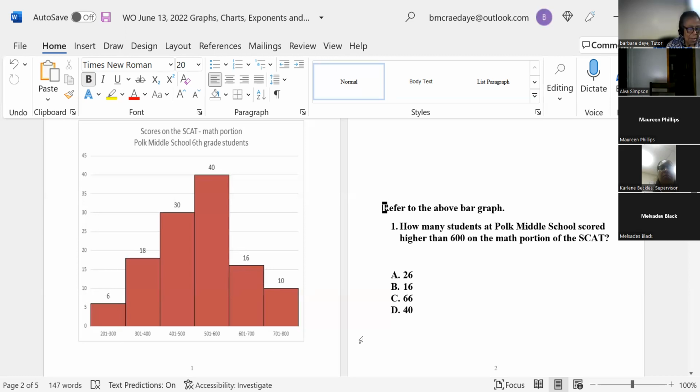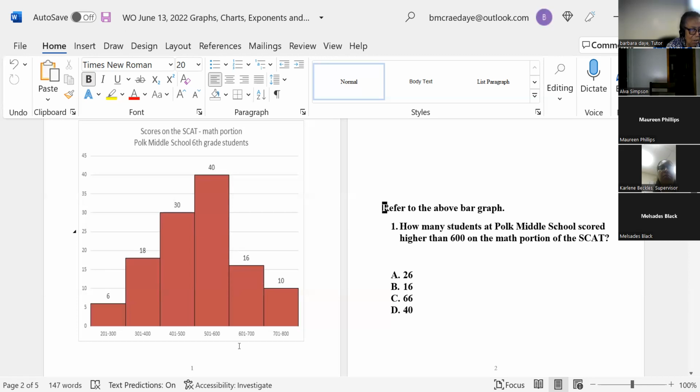All right. Now, your question was to find how many students scored higher than 600. Alva, which bars represent higher than 600? The bar that represents higher than 600, it's 10. And anything else?